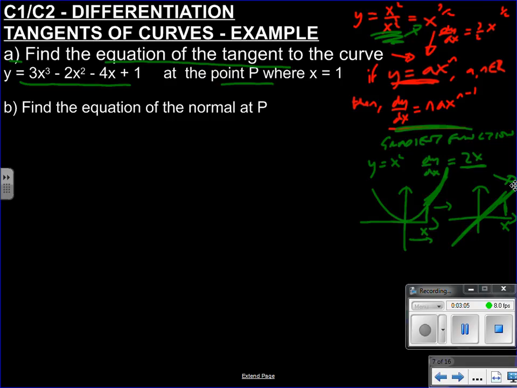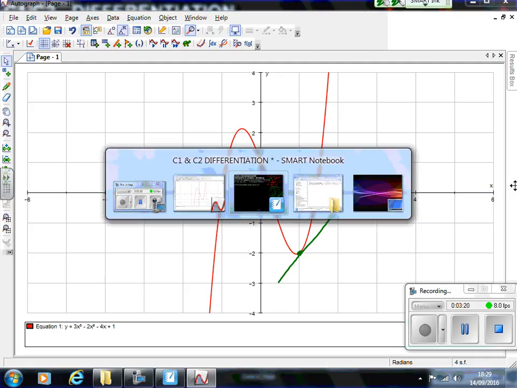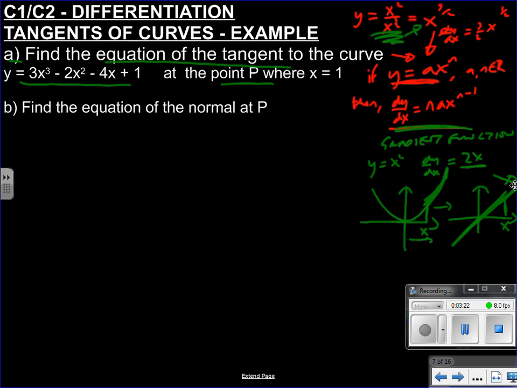So at the point x equals 1, there's the curve, it's a nice cubic. X equals 1 is here. So we're talking about this point here, and a tangent's going to look a bit like that, hopefully, from the picture. But we're not always going to be given a picture, so let's pretend we don't.